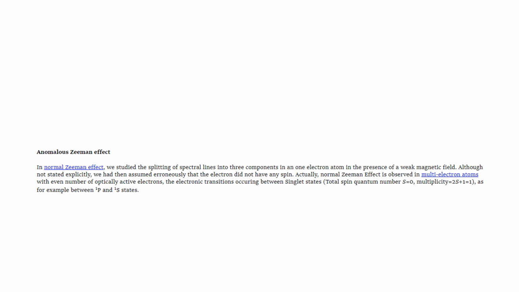Spin is 0. So that is very important for normal Zeeman effect observation. Actually, the normal Zeeman effect is observed in multi-electron atoms with an even number of optically active electrons.